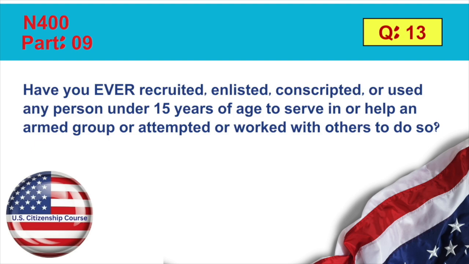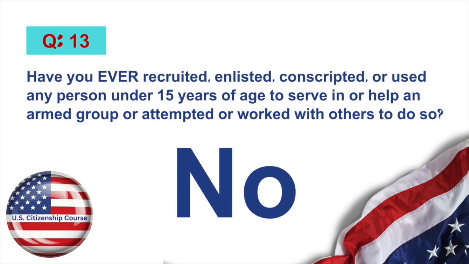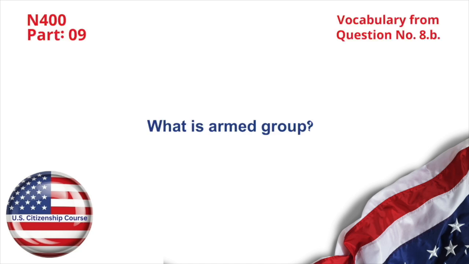Have you ever recruited, enlisted, conscripted, or used any person under 15 years of age to serve in or help an armed group, or attempted, or worked with others to do so? No. What is armed group?